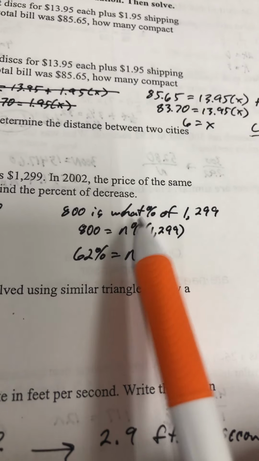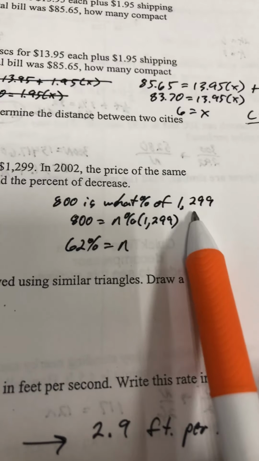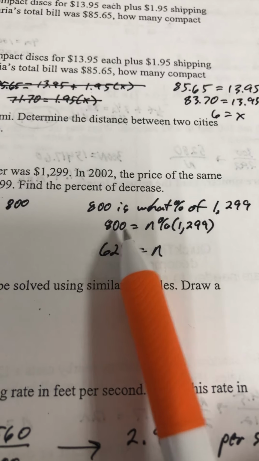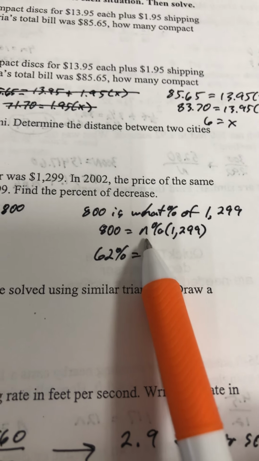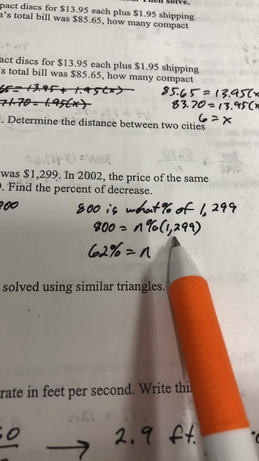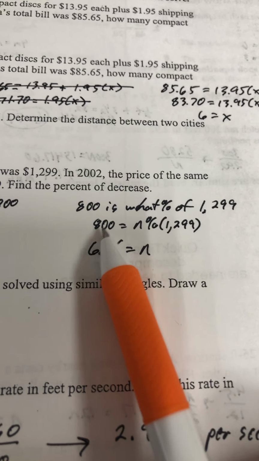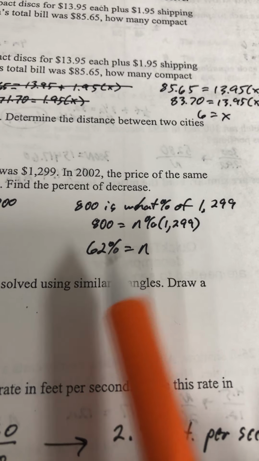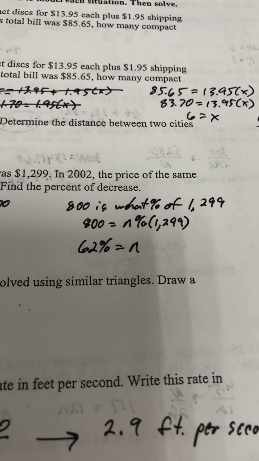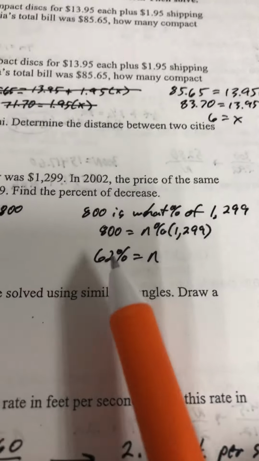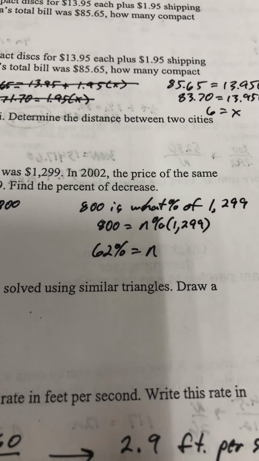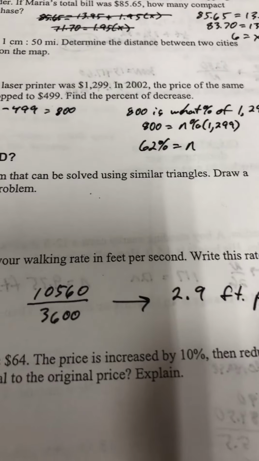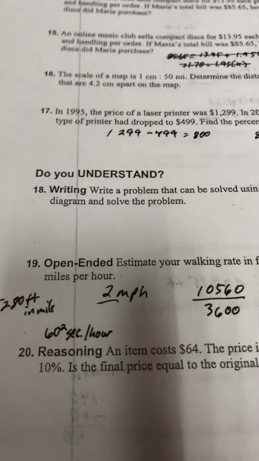And 800 is what percent of that 1,299? So 800 is what percent of 1,299? I divide 800 by 1,299. I get 0.61 something. It rounds to 62% when I move that decimal 2 places to the right.